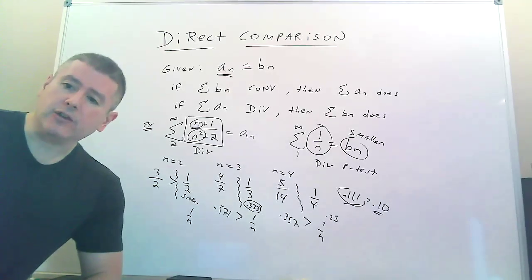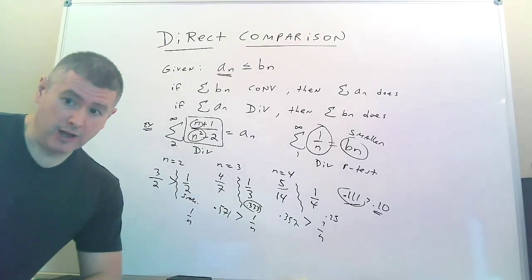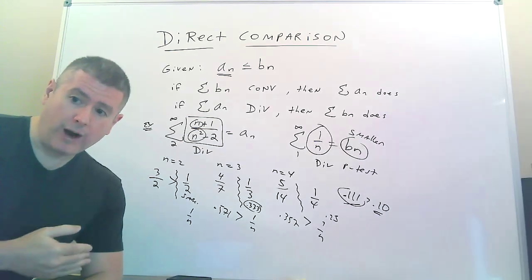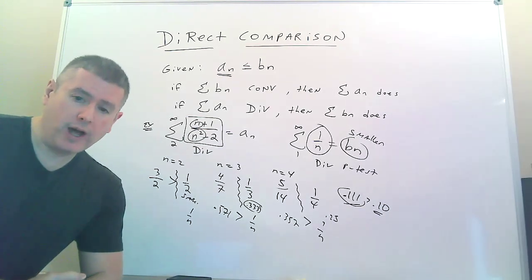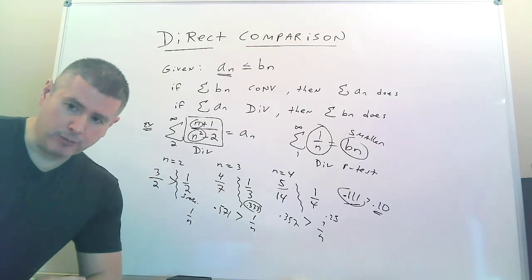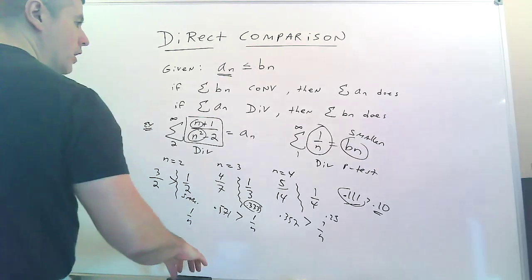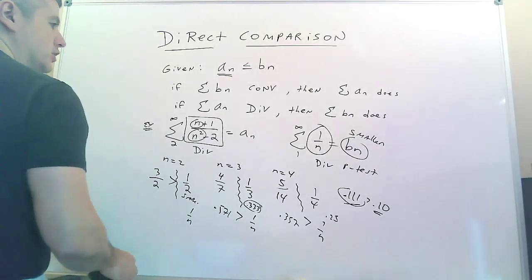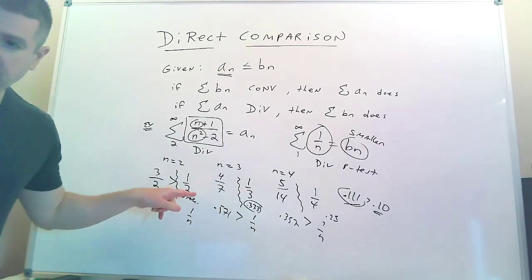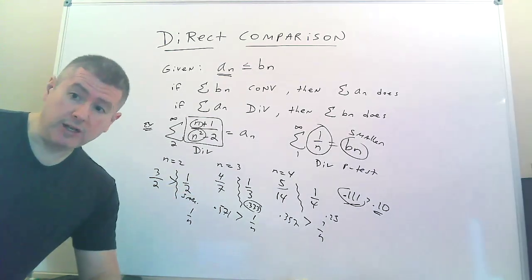So again, it's confusing, it's complicated, and it's annoying, and it's difficult to do. It's almost impossible to do the inequalities on these. That's why if I gave you one to do by direct comparison, it would be a really, really simple one where you could literally just plug the numbers in and show that they're smaller or bigger, depending on what you need, right?